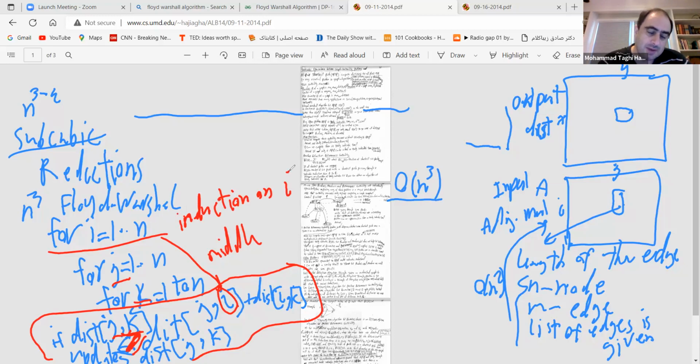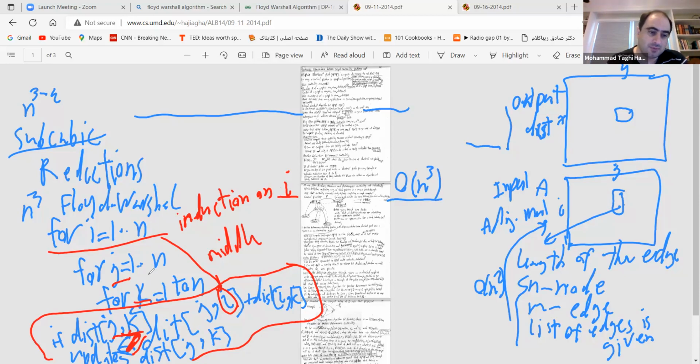When we consider the first i vertices, for the distances between vertices that could use all of these vertices, we have the best such distance, or shortest path, stored in distance j and k. So it is important that i comes first, and then j and k come, and j and k go through all vertices of the graph.